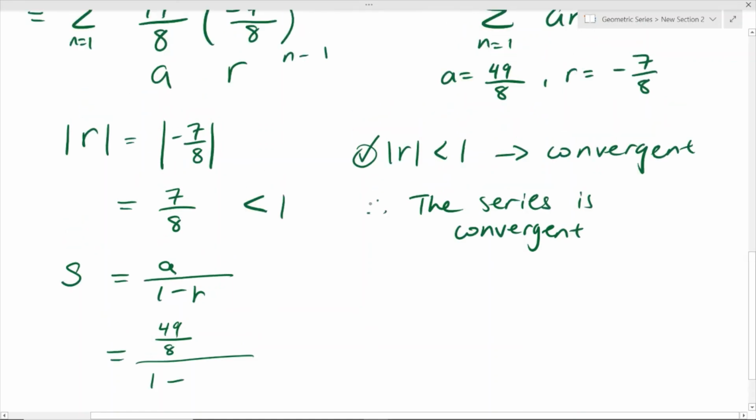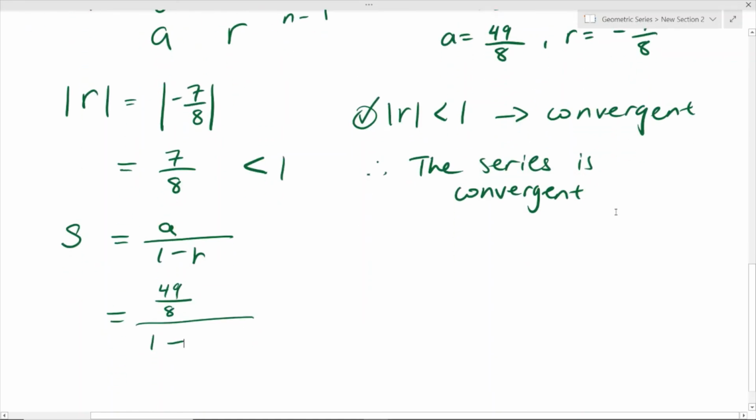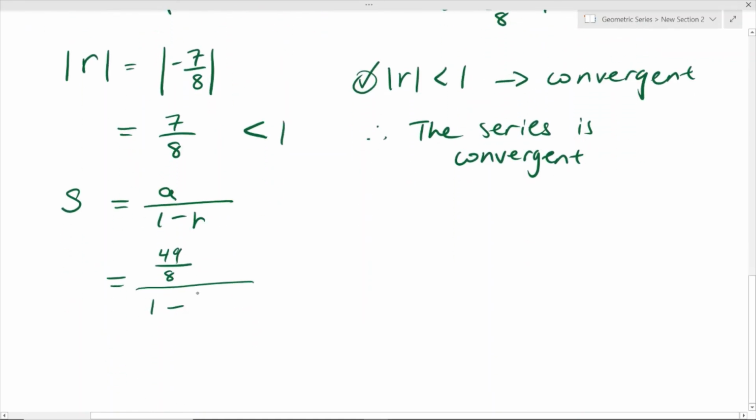Our r is going to be equal to -7 over 8. Sub in -7 over 8, and then here we just have to simplify the denominator. Let's make a common denominator, so 8 over 8. This is negative, double negative, positive, plus 7 over 8.